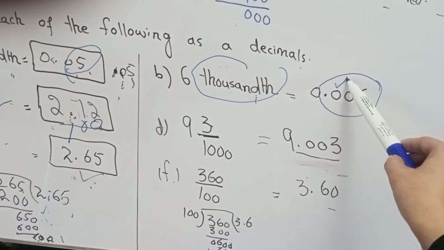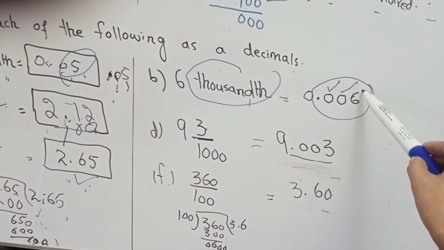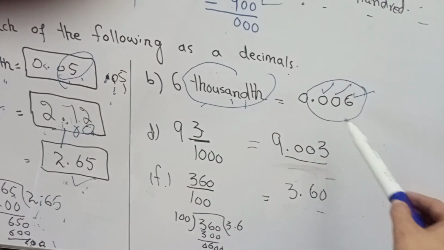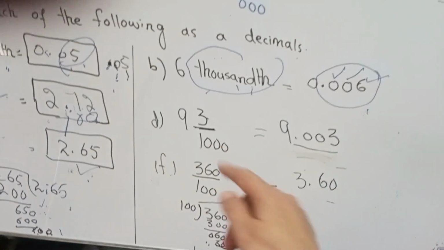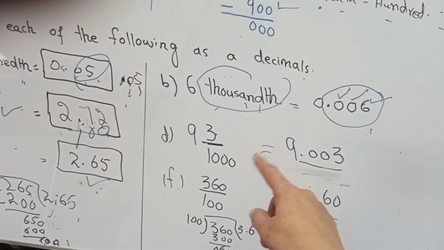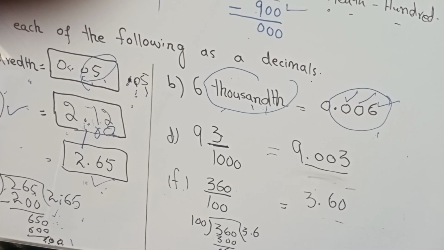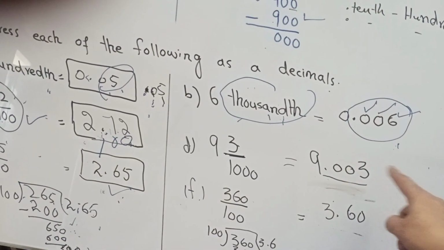What comes after the point? Tenths, then hundredths, then thousandths. So we have only thousandths, so we must write it in that way. Now 9 upon 1000, how do you have to write it? 9 is the integral part, and that is 0.003.